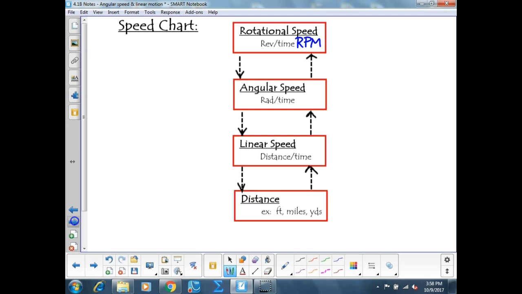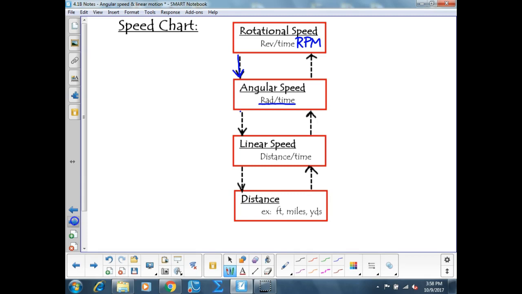Once I know a rotational speed, then I can naturally progress down to an angular speed. The unit associated with angular speed is how many radians for some kind of time, like radians per minute, radians per hour. That tells us how quickly that angle is changing.